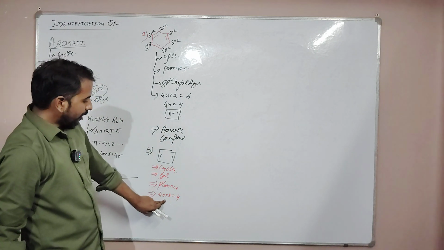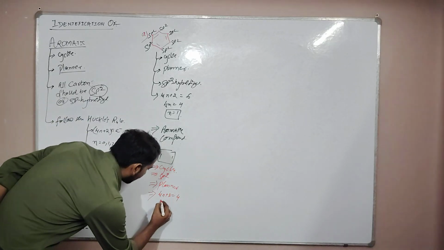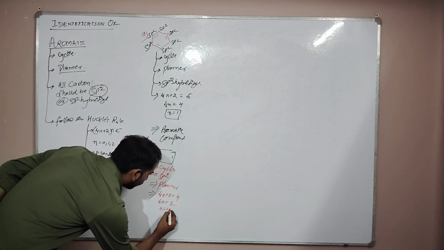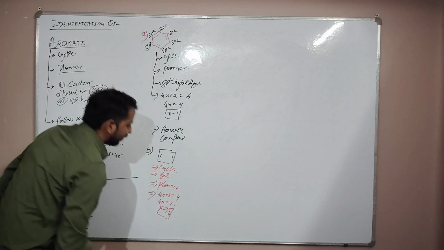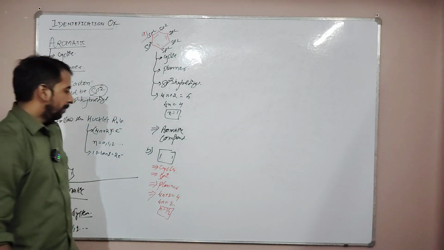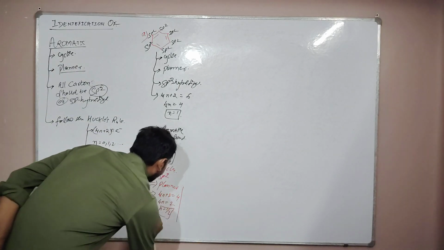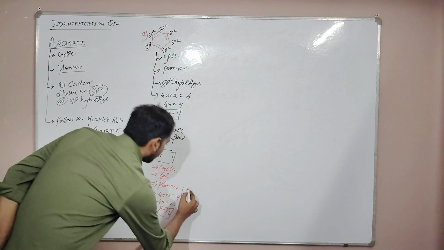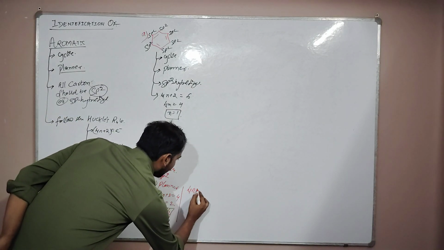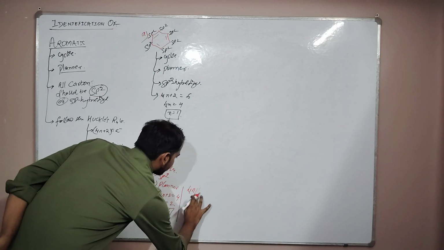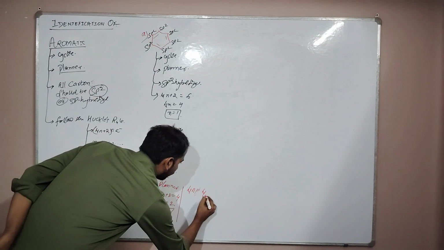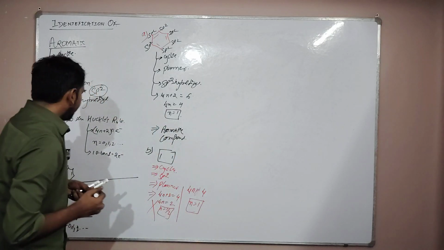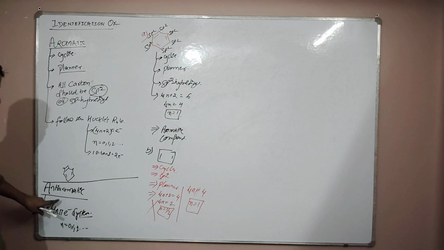So if you are thinking this will follow 4n plus 2, you can calculate whether it is following. 4n is equal to 2, n is equal to 1 by 2, which should not come as a fraction. So it is not following the 4n plus 2 pi electron system. So we will see 4n is equal to 4, n is equal to 1. So it is following the anti-aromatic condition.